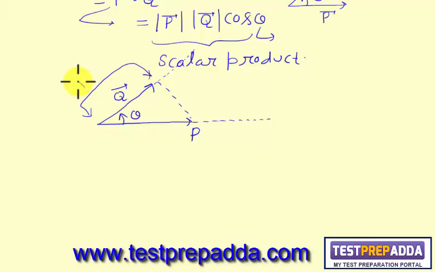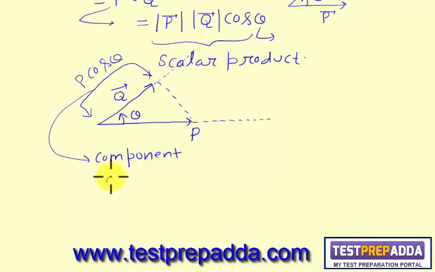This will be P cos theta. This is actually the component of vector P along vector Q, and that is P cos theta.